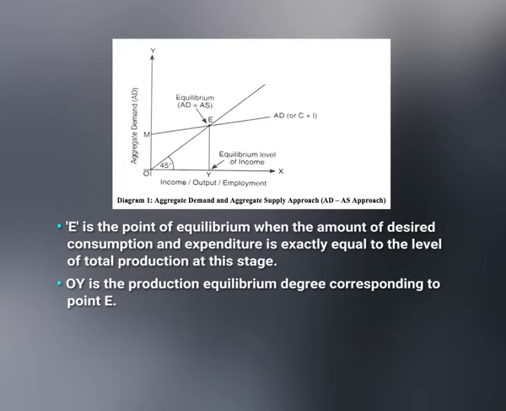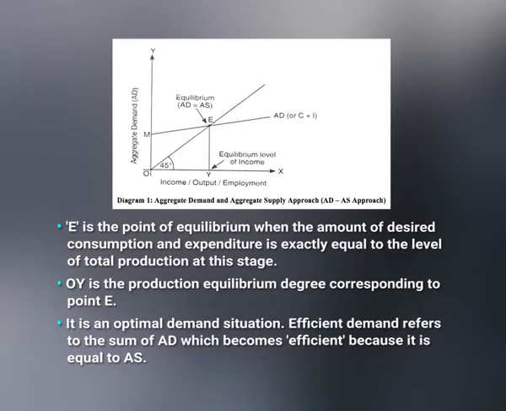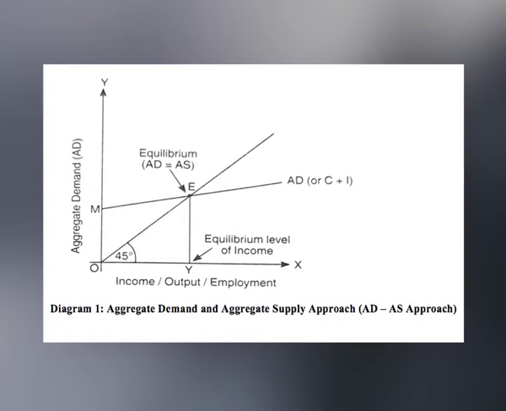OY is the production equilibrium level corresponding to point E. It is an optimal demand situation. Effective demand refers to the sum of AD, which becomes effective because it is equal to AS. If planned AD is greater than planned output AS, then the C plus I curve is above the 45-degree axis.